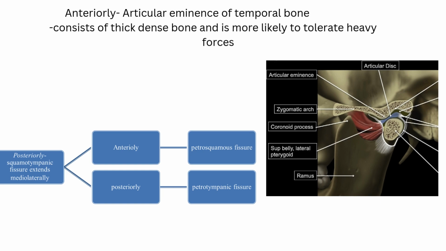This is a thick, dense bone which tolerates heavy forces. Posteriorly, there is the squamotympanic fissure which extends mediolaterally. Anteriorly, it is known as the petrosquamous fissure, and posteriorly, it's the petrotympanic fissure.